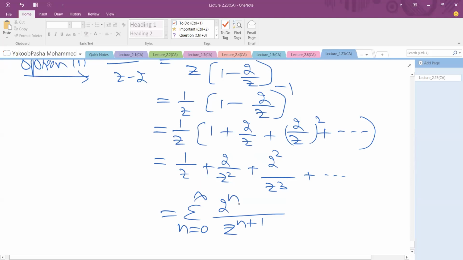For n equal to 0, z power 1; n equal to 1, z square; n equal to 2, z cube, and so on. So option 1 is the right option.